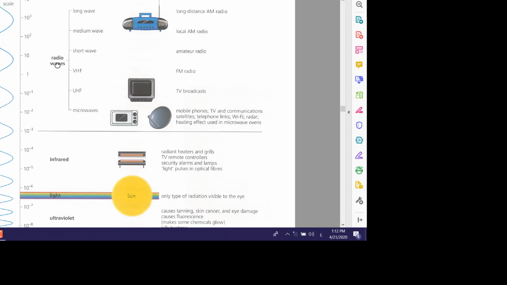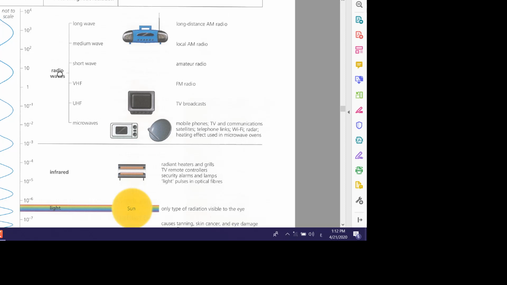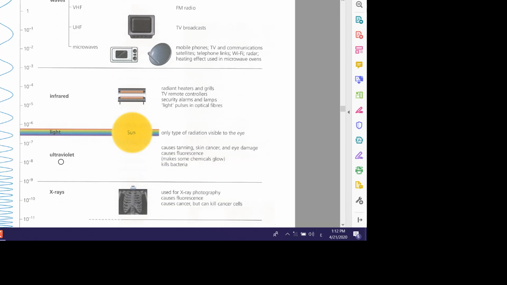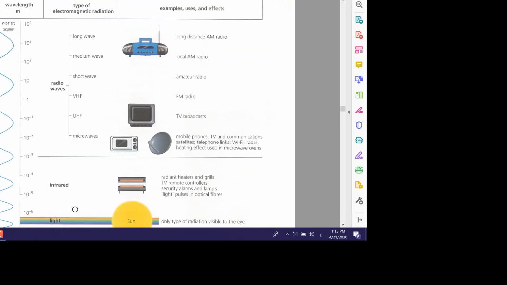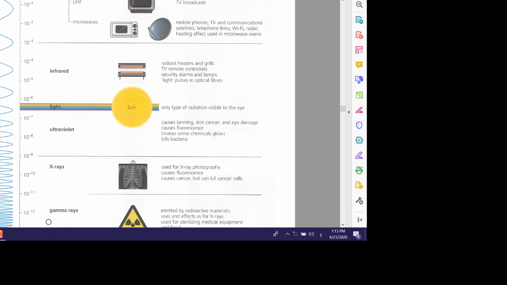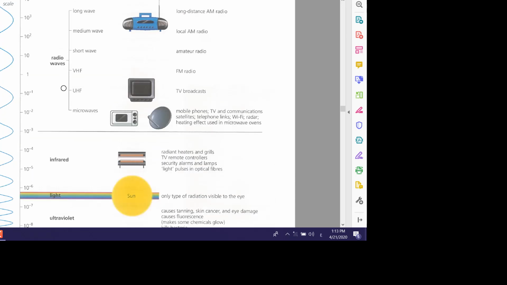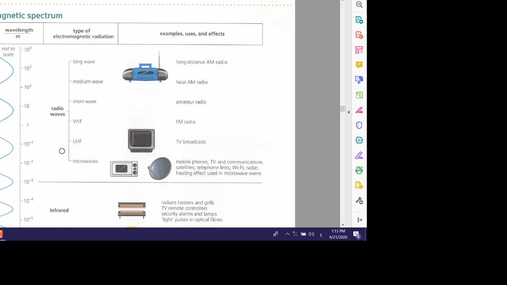For example, radio waves, and radio waves have these types: long, medium, short, VHF, UHF. Microwaves. Then you have infrared, light, ultraviolet, X-ray, gamma rays. All of these are examples of electromagnetic waves. All of these rays together we call the electromagnetic spectrum.